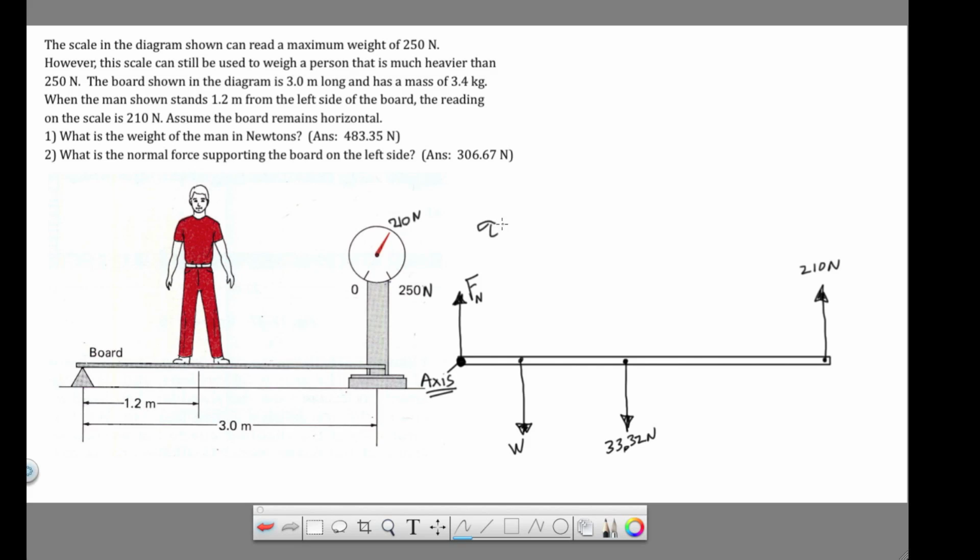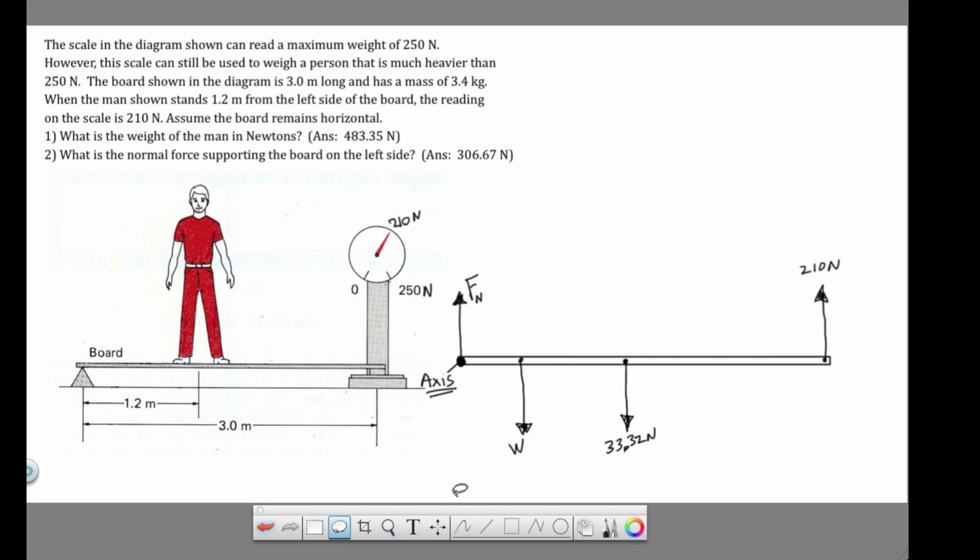The torque equation is force times lever arm, and the lever arm, D, is measured from the axis to the force. So if a force is on the axis, the D is 0, so therefore that force causes no torque. So this normal force here on the left will not appear in the summing of the torques. So we're going to put the axis on the left.